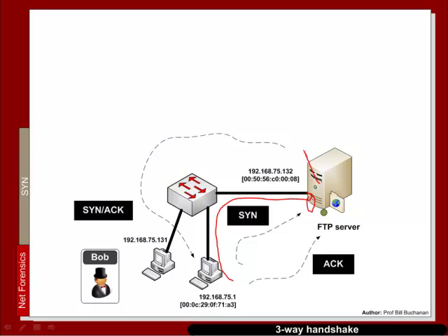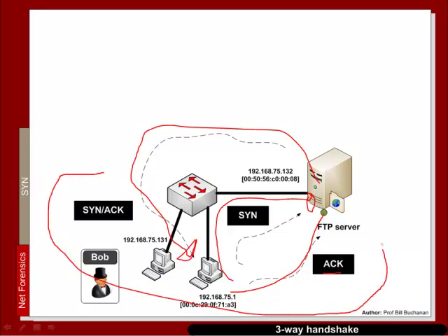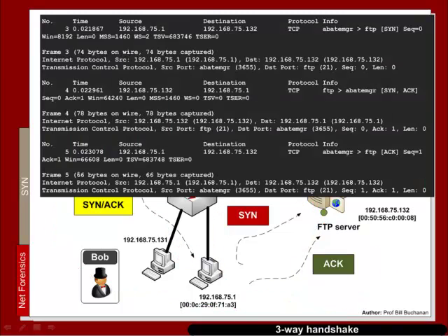If the server acknowledges that it will accept the connection, it sends back a SYN-ACK, and then the final part is the client sends back to the server an ACK to acknowledge the connection. This is known as a three-way handshake and is the start of any TCP connection.